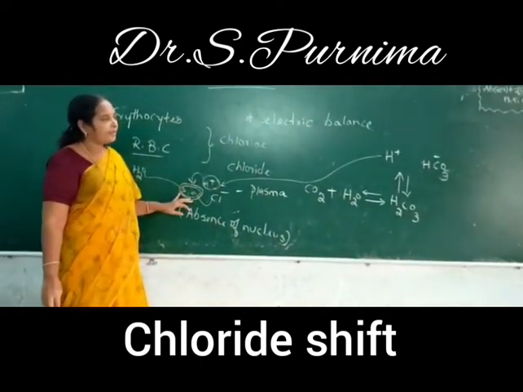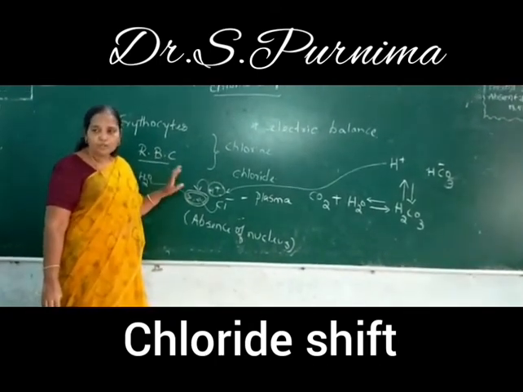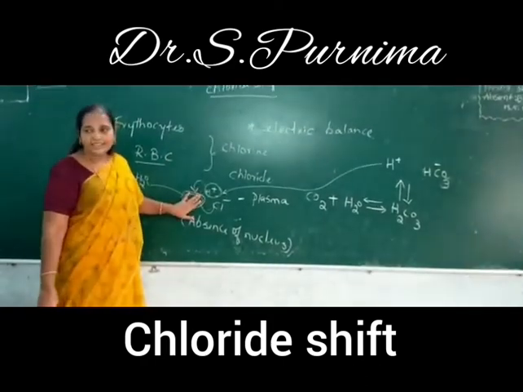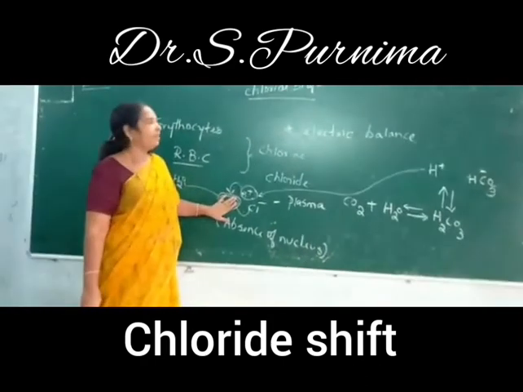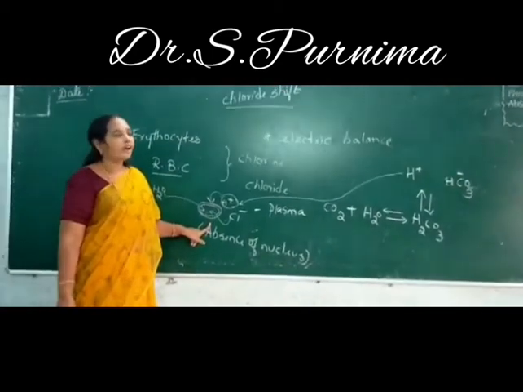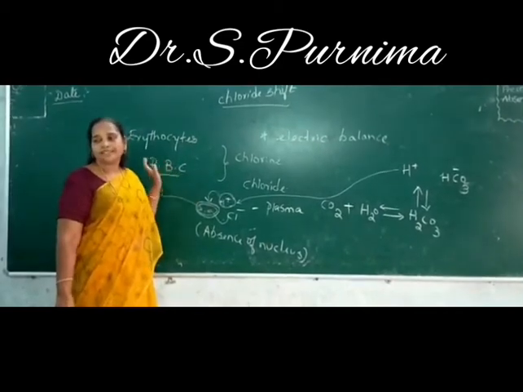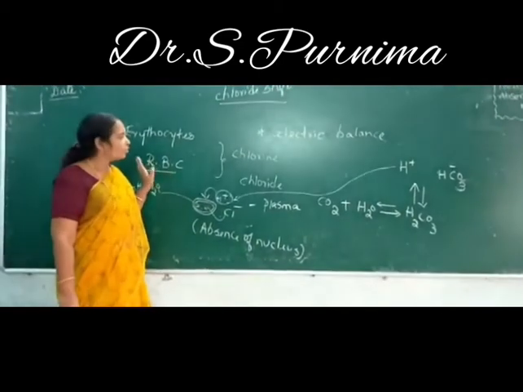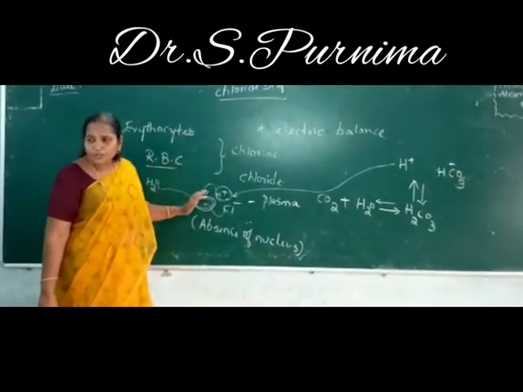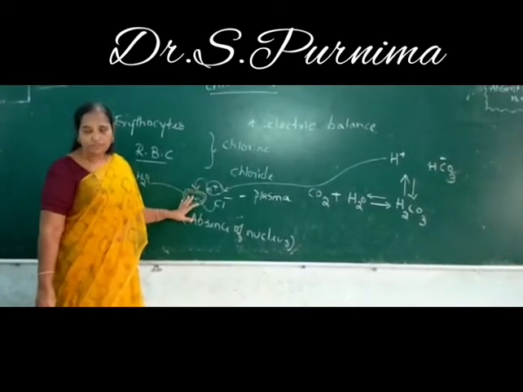To have the positive and negative charge maintained in equilibrium, the chloride ions are moving into the RBC membrane in order to maintain the electric balance, and pH is being maintained. So this type of movement of chloride ions into the RBC is called chloride shift.